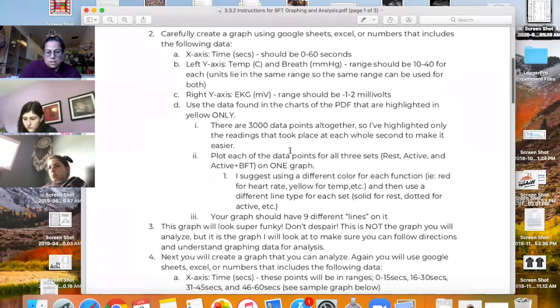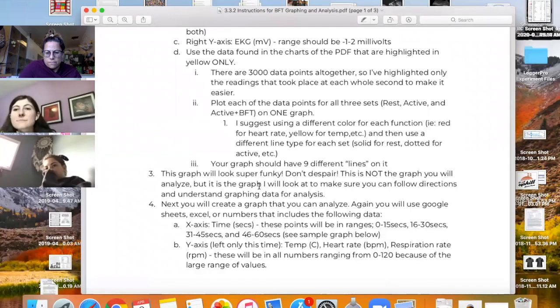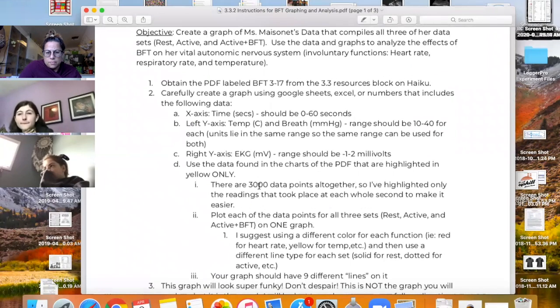It's step 2B. So the H is capital? Yeah.